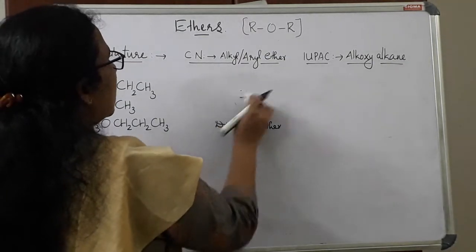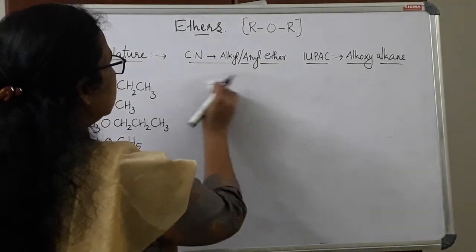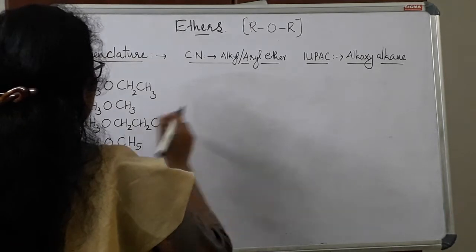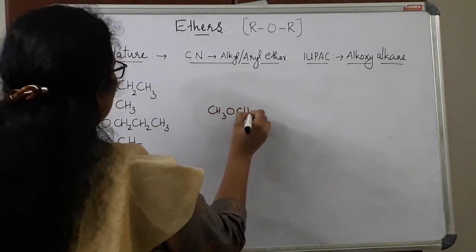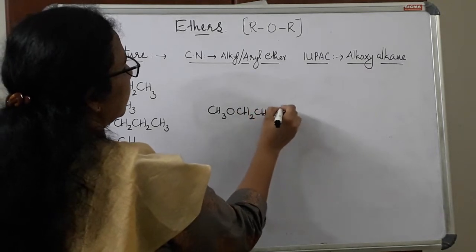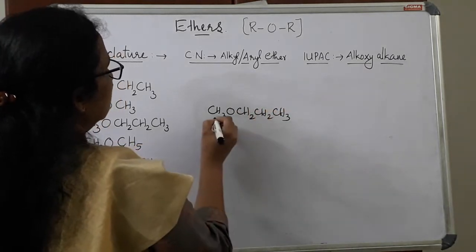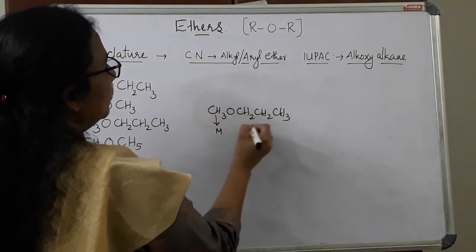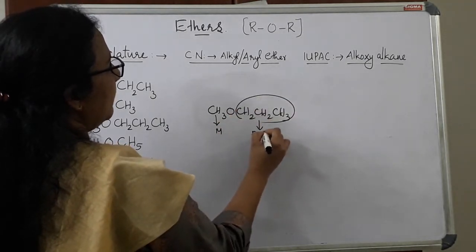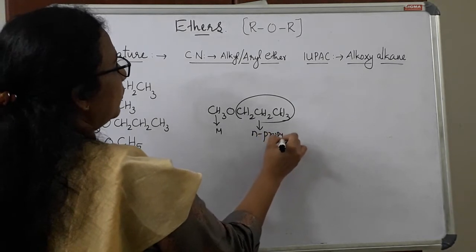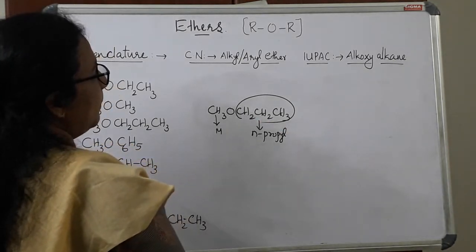Now let us write another compound, that is CH3OCH2CH2CH3. Here this is the methyl group and this part is actually a normal propyl group.